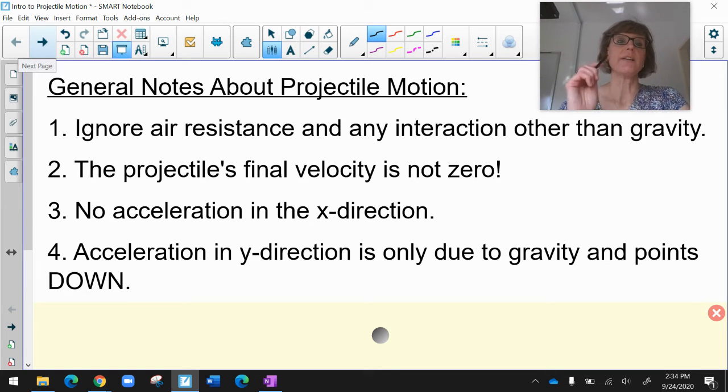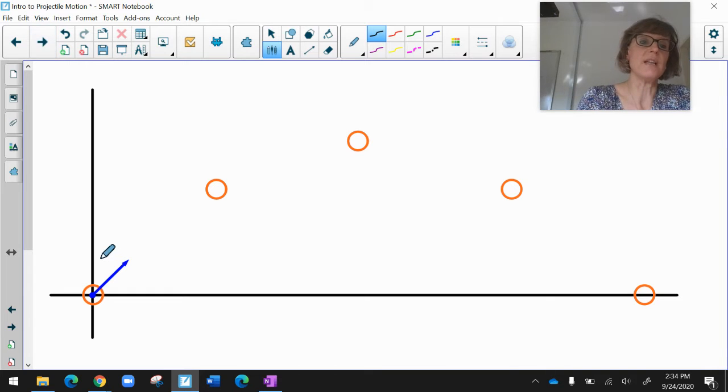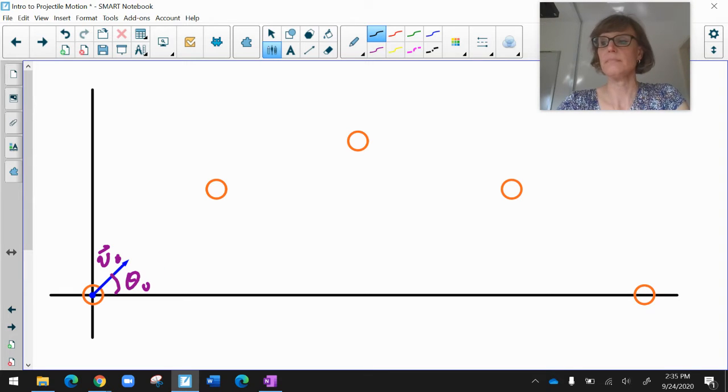So in general, projectile motion involves an object that leaves the ground or someone's hand or their tennis racket or whatever with some velocity, v0, at some angle, theta 0. And then that object is going to move through the air.